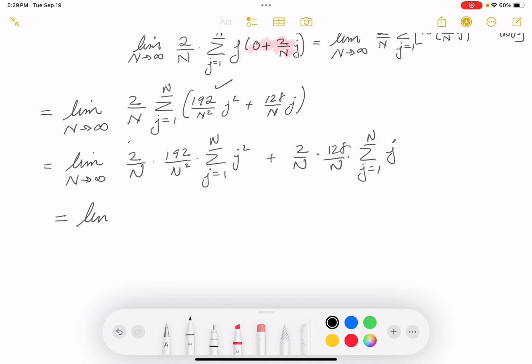Limit, by the way, it's a limit of this thing over here. So limit, big N goes to infinity, I get, let's see, 192, that's 400 minus 16, 386. Let me get my eraser out. Over n cubed. All right?